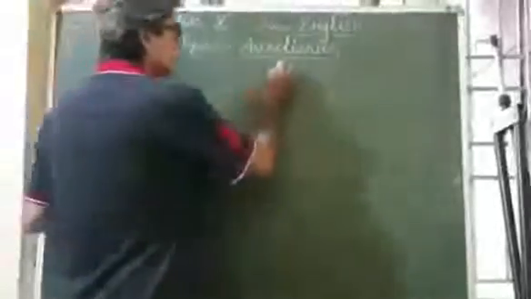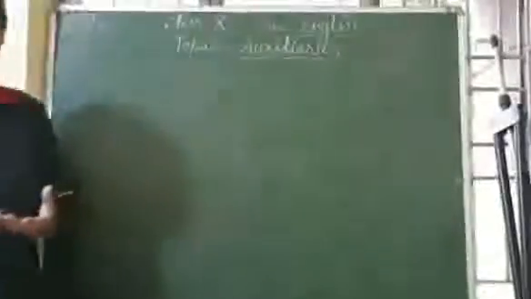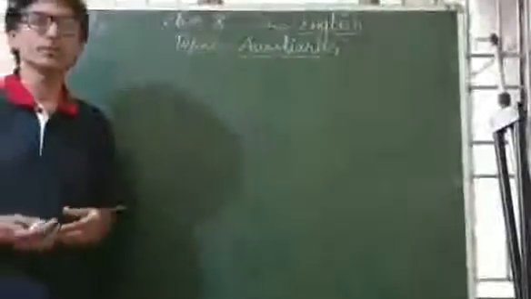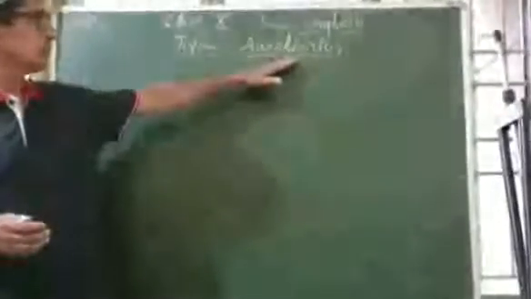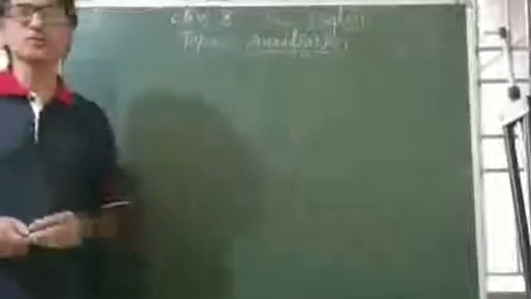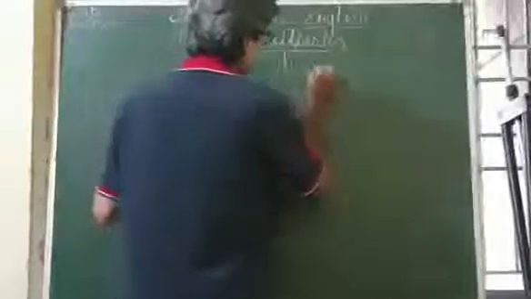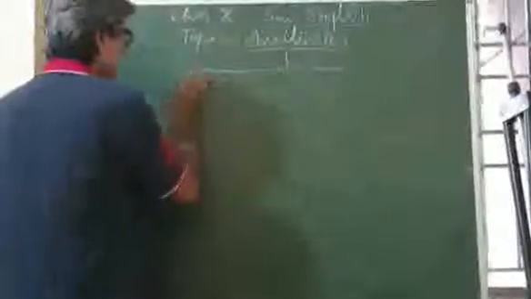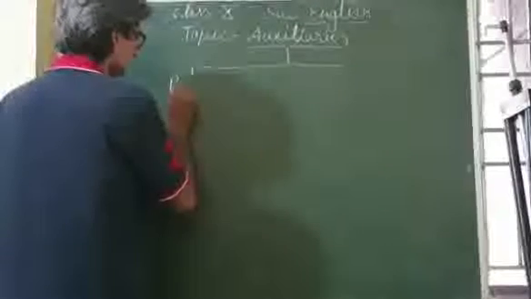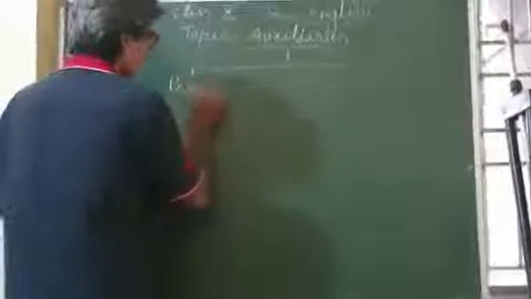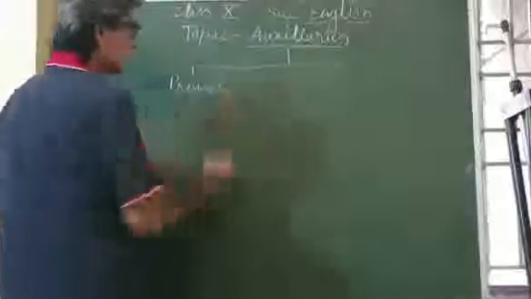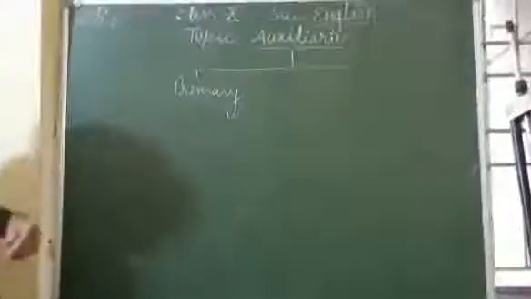Auxiliaries, in a general way, are called the formation of verb. The classification of auxiliaries is divided into two parts. The one is primary auxiliaries.